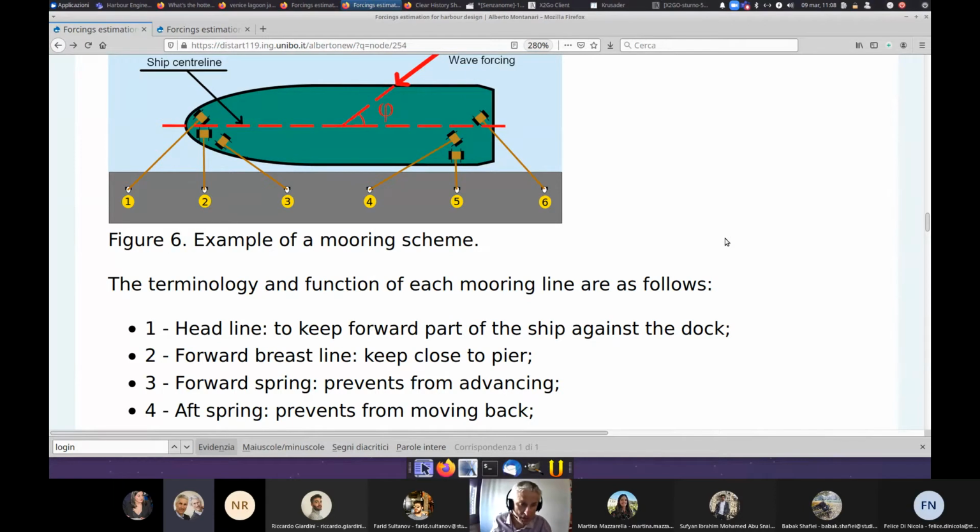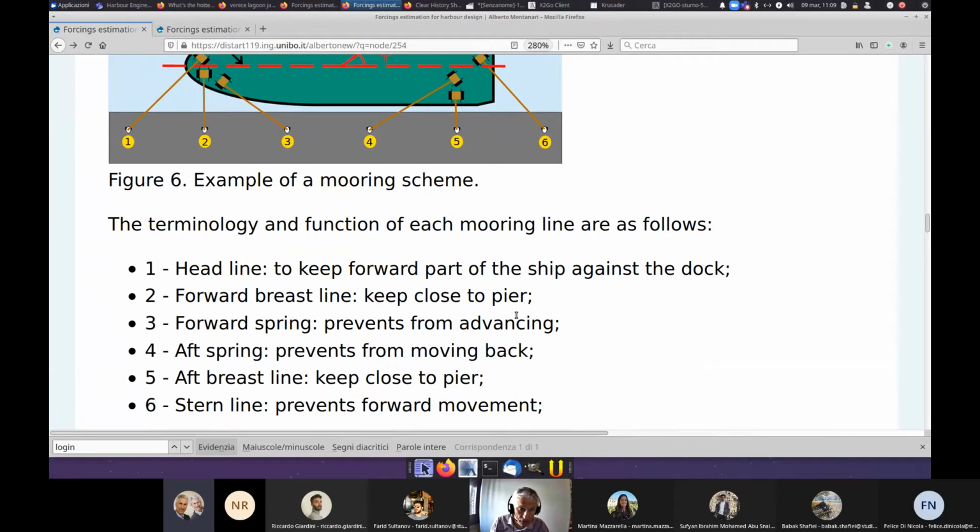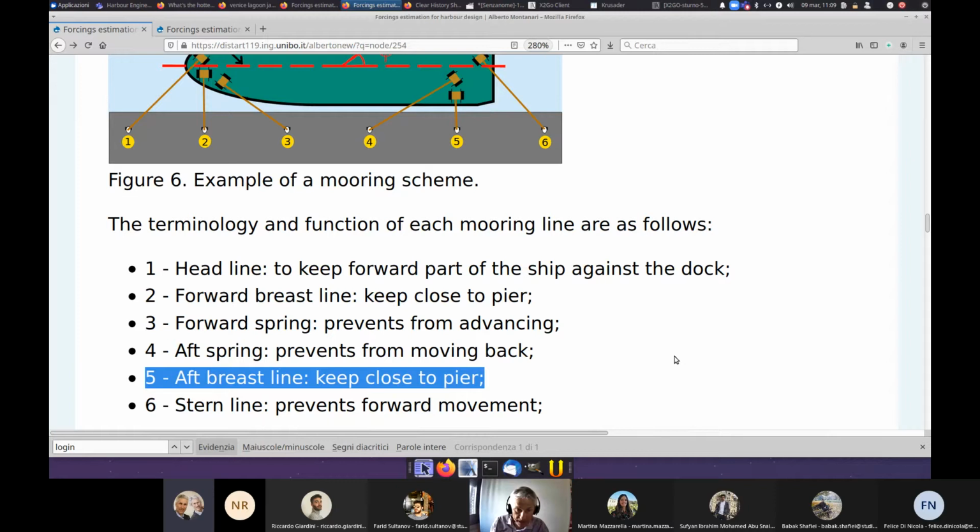safely moored. So you have the headline, number one, to keep the forward part of the ship against the dock. And then you have number two, the forward breast line, to keep close to the pier. And the function is similar to number five, the aft breast line, to keep close to the pier again.